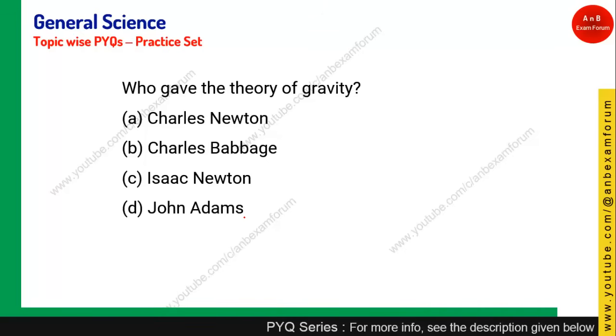Don't confuse it with option A, Charles Newton. Those who answered Charles Newton are wrong. It is Sir Isaac Newton. Charles Babbage is known as the father of computers, whereas John Adam is related to another field. So option C is the right answer.